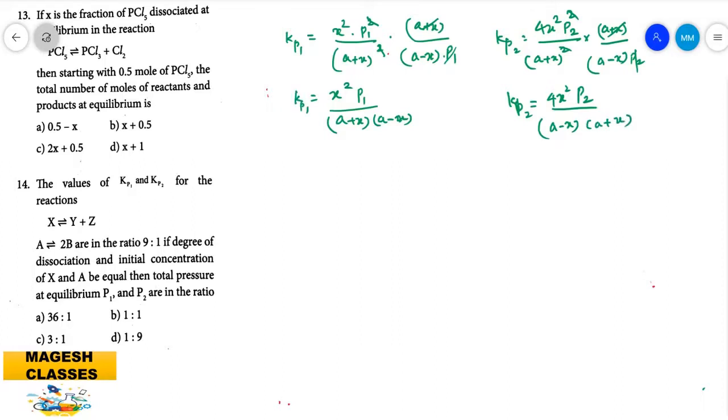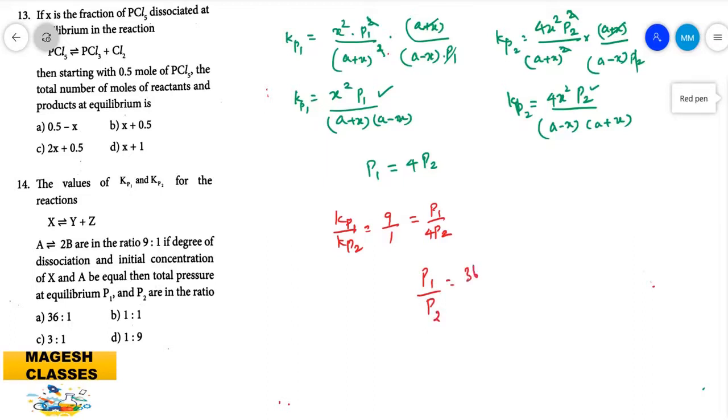In the question, the ratio of Kp1 to Kp2 is 9:1, that is 9 divided by 1. This is equal to P1 by 4P2. So P1 by P2 is equal to 36 divided by 1.